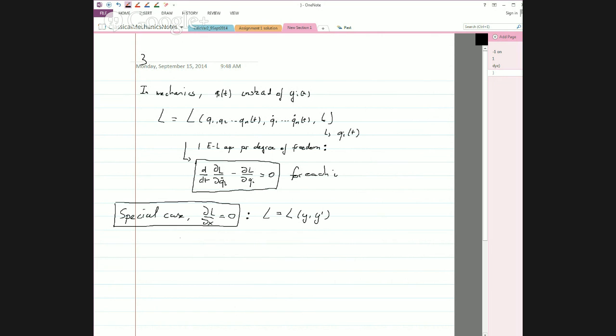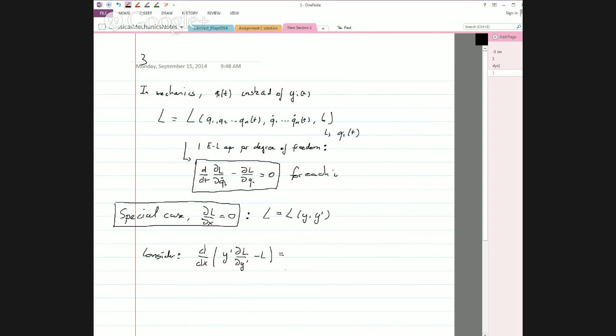So consider the following identity. It'll be apparent in a second why we want to consider this: d by dx of y prime times ∂L by ∂y prime minus L. Let's take this derivative. The first term is a multiplication of two terms that depend on x, implicitly, so I have to use the product rule.